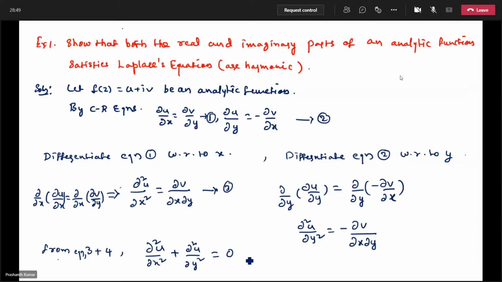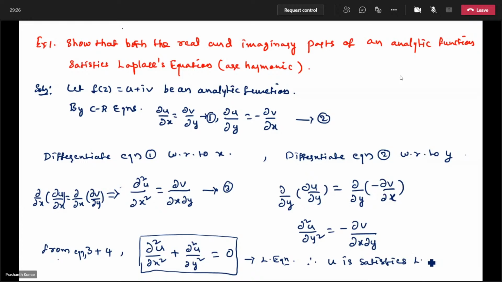So therefore, this is our Laplace equation. Therefore, u is the real part, and u satisfies the Laplace equation.